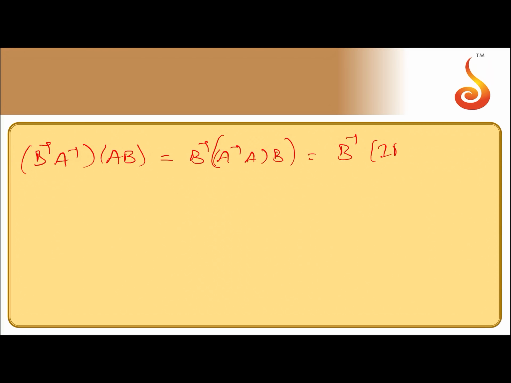In the same way, you can take B inverse A inverse into AB, which is B inverse of A inverse into A multiplied by B, using associativity. That is B inverse into unit matrix into B, which is nothing but B itself. But B inverse into B is equal to the unit matrix.